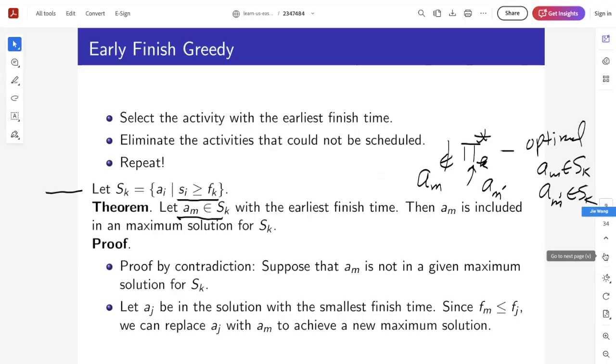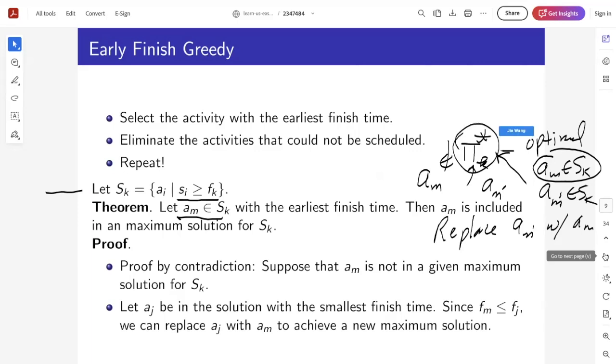We know AM has the earliest finish time, and AM prime has the earliest finish time in this solution. I can always replace AM prime with AM. This is again a feasible solution, and because we began with an optimal one, this new solution is also optimal.